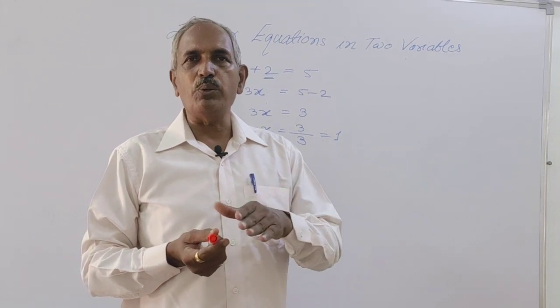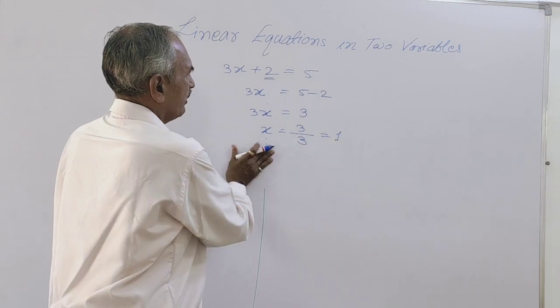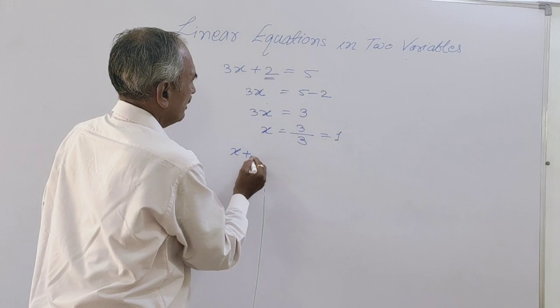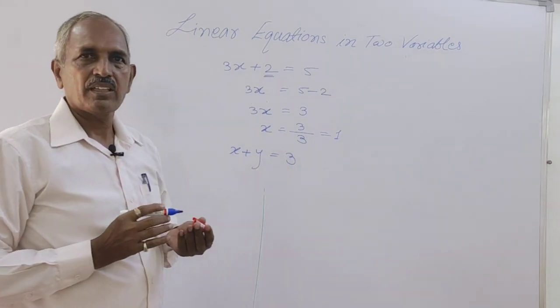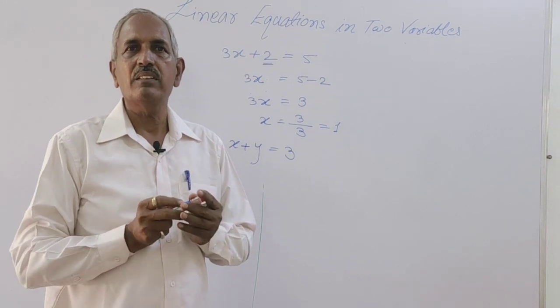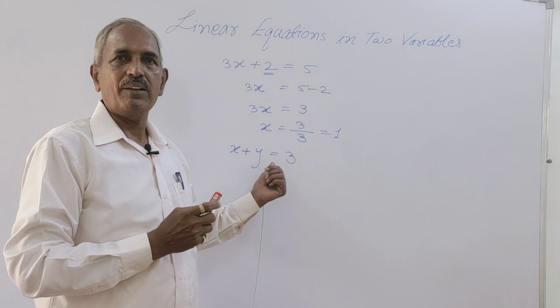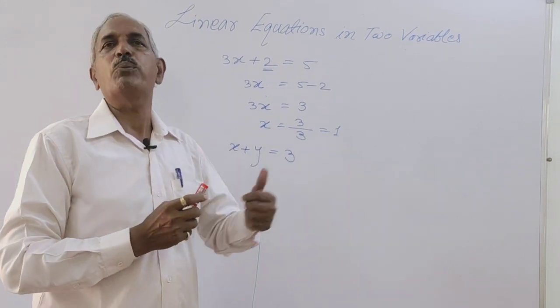Equation in two variables, for example, if I write the equation x plus y is equal to 3. In this equation, there are two variables x and y. So I can say this is an equation of two variables.